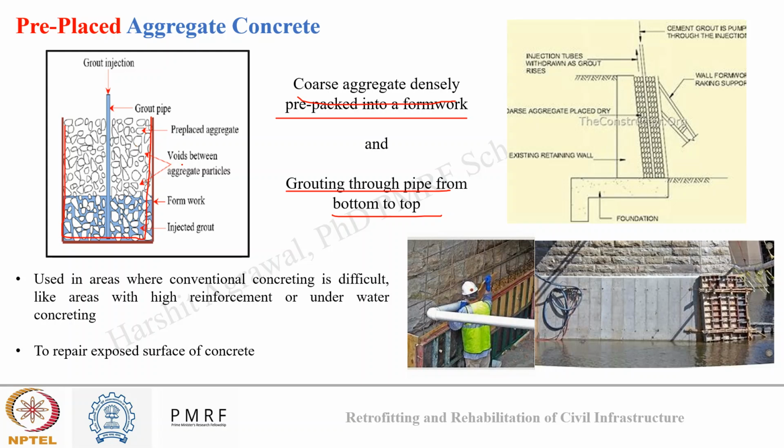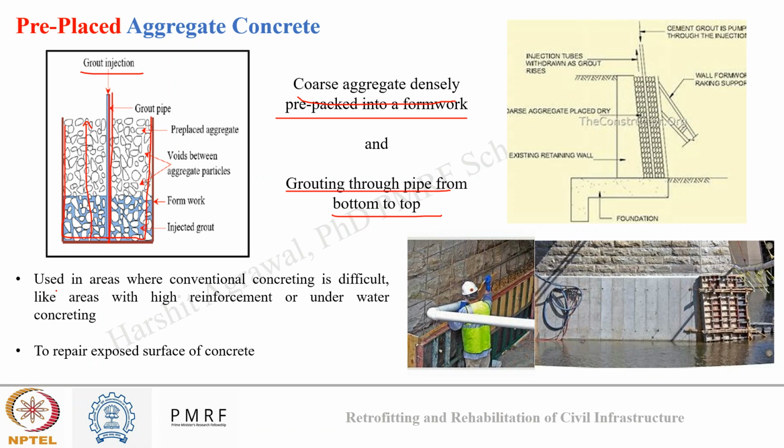Even after dense packing, there will be voids between the aggregates. Now what I will do is insert a grouting pipe down to the bottom of this, and inject the grouting material. My grouting material will fill the gaps between the aggregates, and it will come from bottom to top, and it will completely pack my corroded surface.